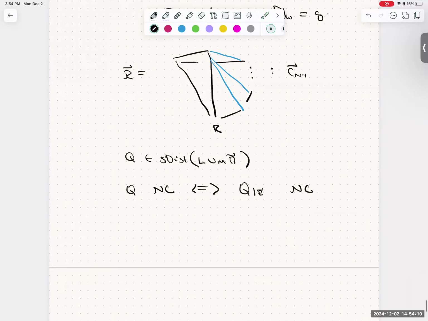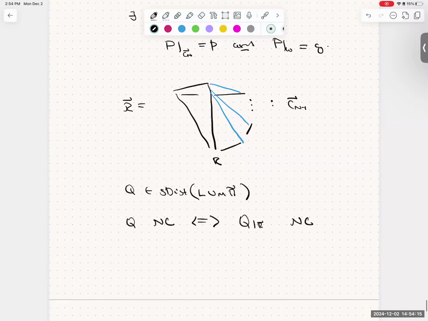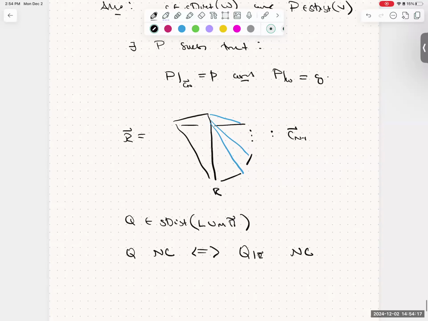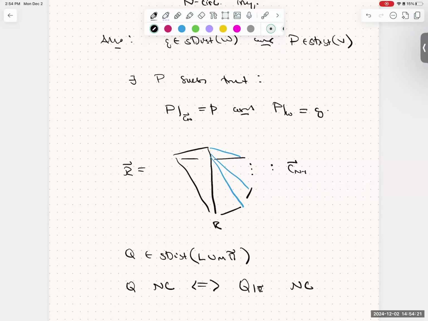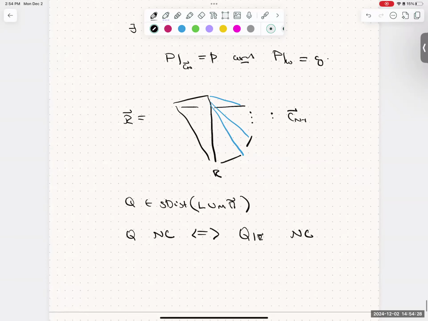It is a little bit involved in terms of the number of spaces, but that's the idea. You keep breaking it down, and then you do induction, and eventually you are able to prove that once you have the n circle inequalities satisfied, the distribution is non-contextual.